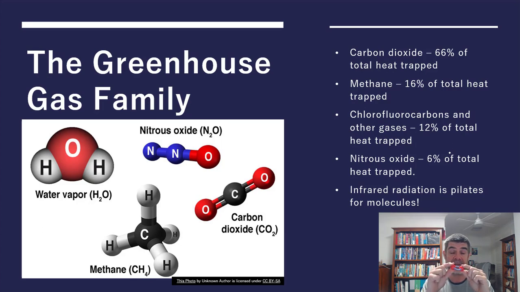And if it does pick up some infrared radiation or other types of electromagnetic radiation, then it may cause those electrons to vibrate and you get some wiggling. But you don't get too much when you only have two atoms. So the two atoms that we find in oxygen and the two atoms that we find in nitrogen don't tend to do too much wiggling.